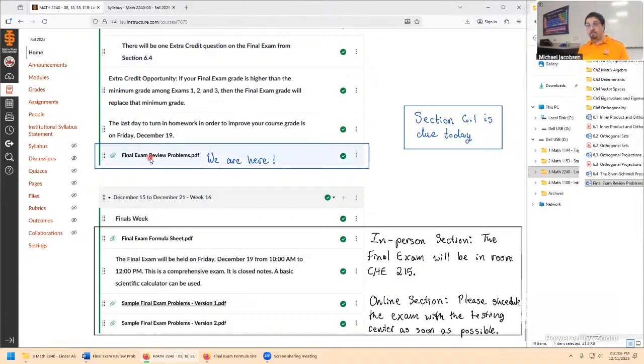And this one has some brand new fresh problems that we'll be taking a look at today. So that's our goal, just to start reviewing for the final exam. It's going to be hard to review everything on this document in one day, but I'm going to go back and complete all the solutions that are in here and get them uploaded probably sometime on Friday.